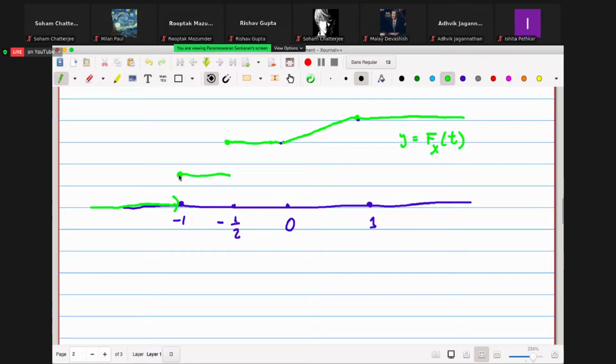Suddenly there is a jump. That means there is an atom present. An atom simply means that there is a point at which the probability of X taking that value, let us say x naught, is some positive quantity.